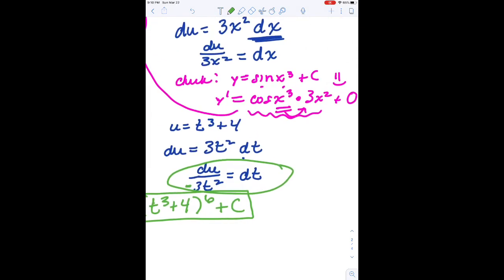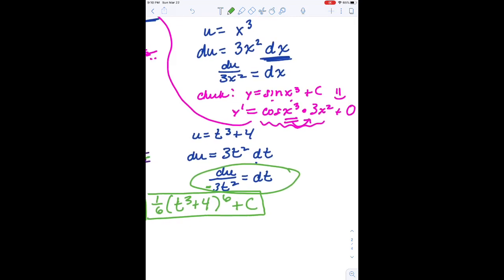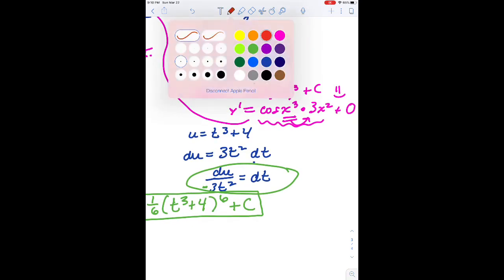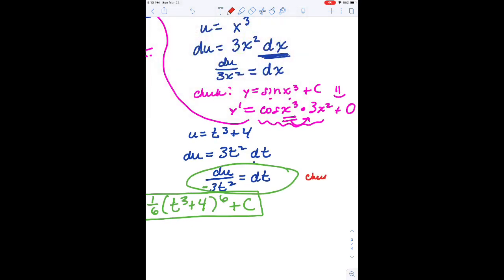But again, I love a good check, so I'm going to zoom in really tight over here. For my check, I'm pretending that this is the antiderivative. So y prime equals the derivative of my answer, which should give me the original I started off with, because we're going backwards here.